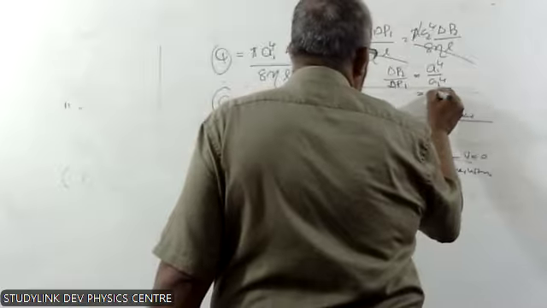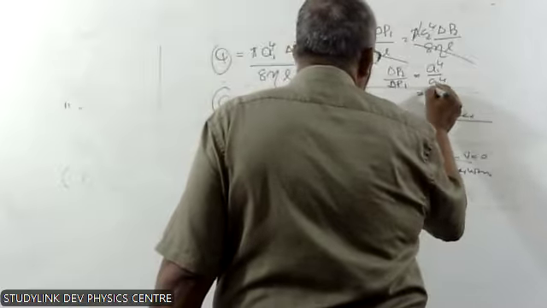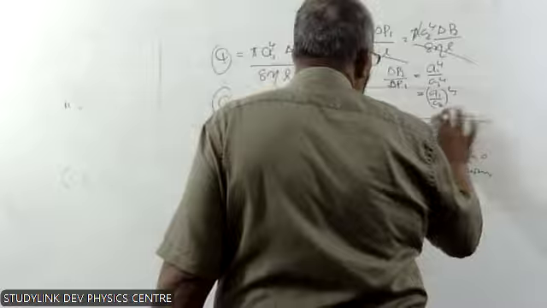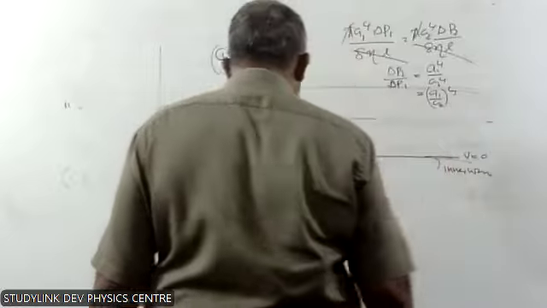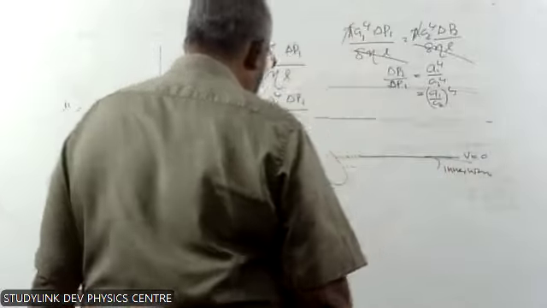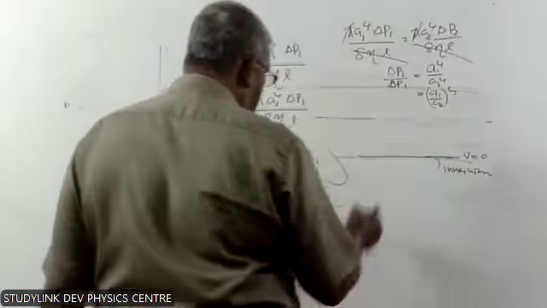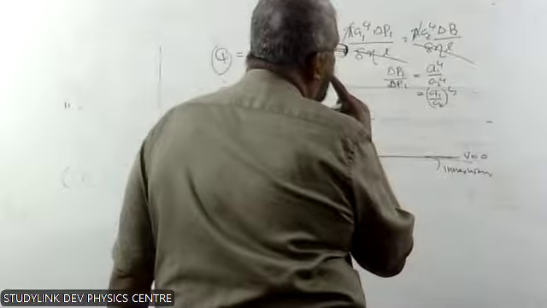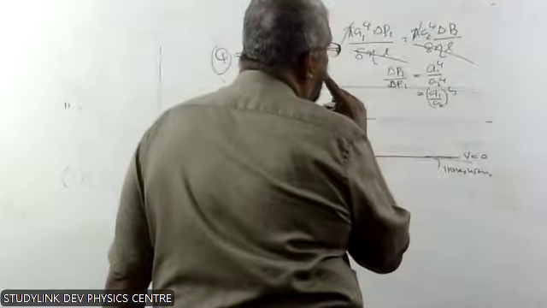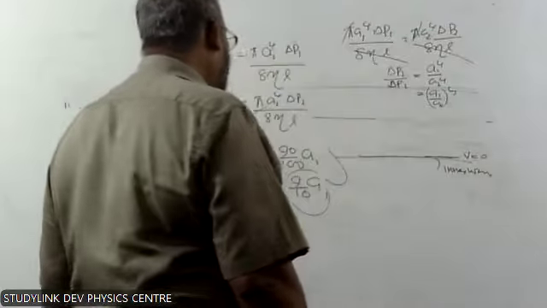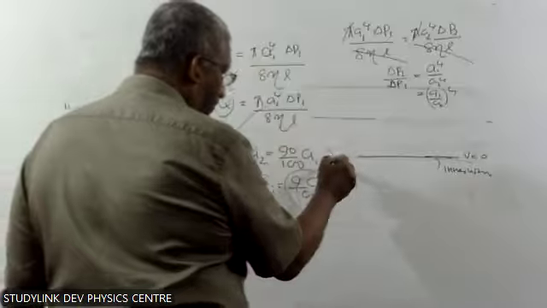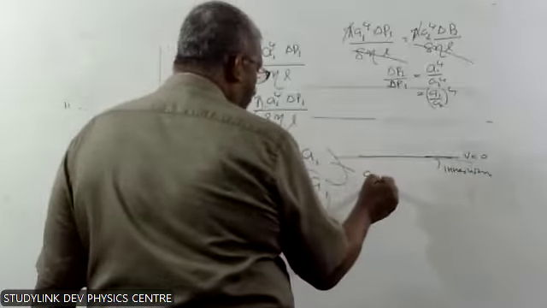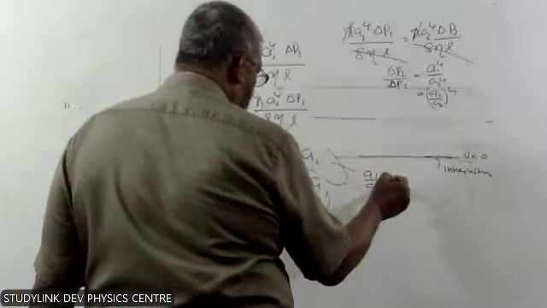So that means (A1 over A2) to the power 4. Then from here you get the ratio. The A1 over A2 ratio is 10 over 9. So substitute it here and get the answer.